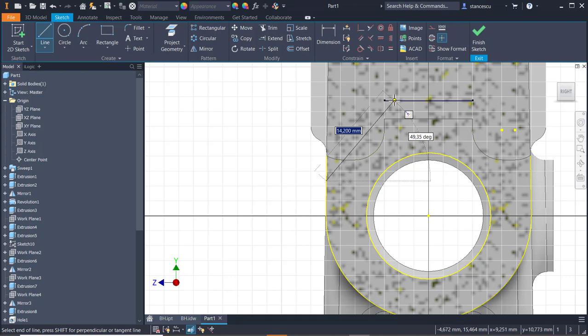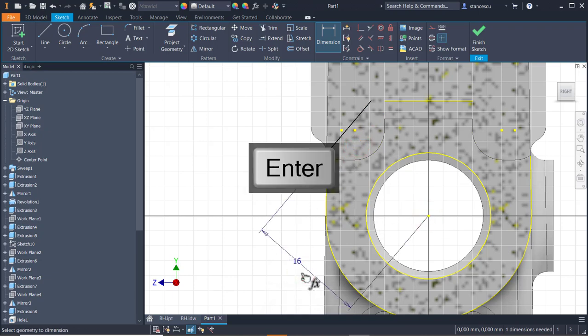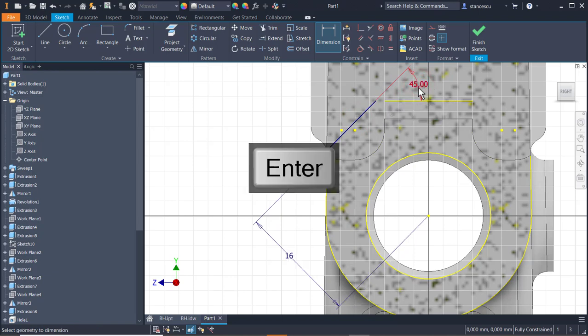Yes, to this very line, and distance of 16 with an angle of 45 degrees.